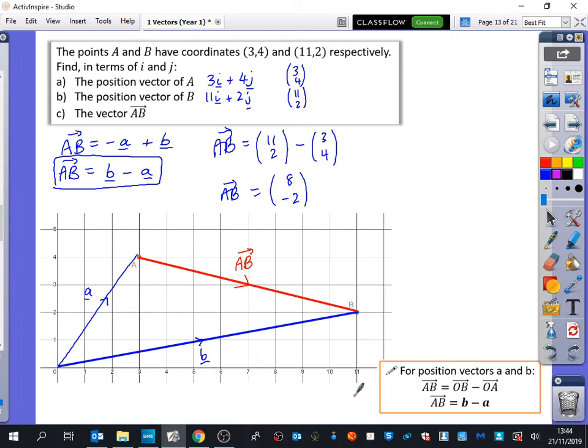You will use it in year 13 when you do loads more mechanics. It is something that will get used very, very frequently. Further mathematicians, we will use it when we do vectors in further maths as well, because we do quite a lot of work on vectors in further maths too. Okay? Now that we know that AB is B minus A, we can do lots of other kind of problems using this as well. Can I go on to the next page?